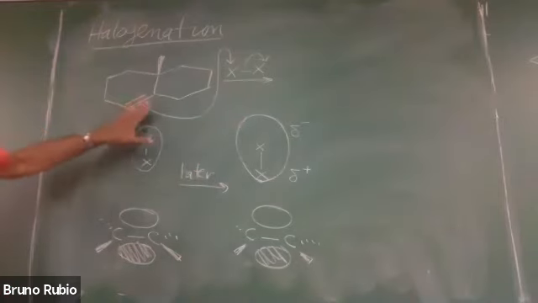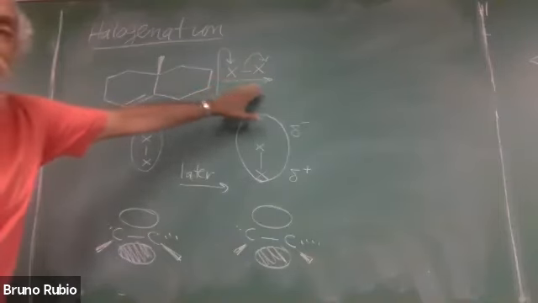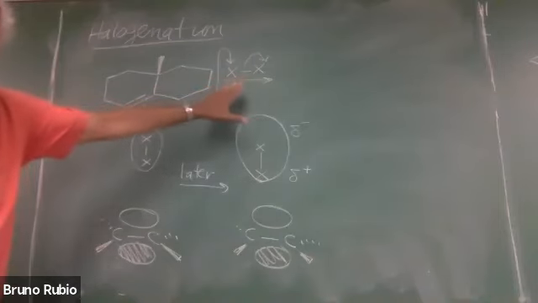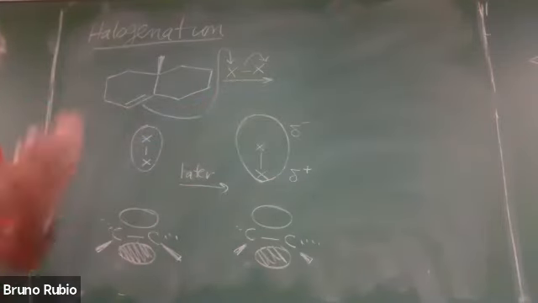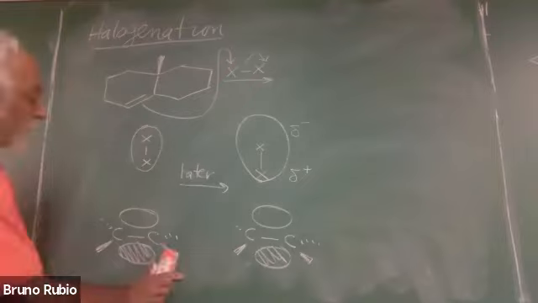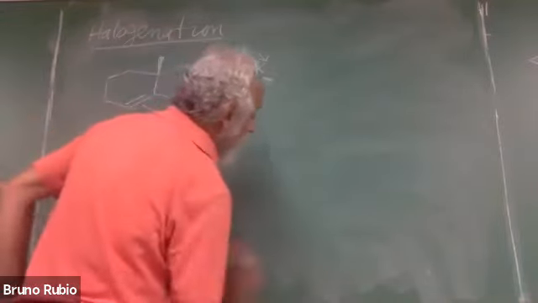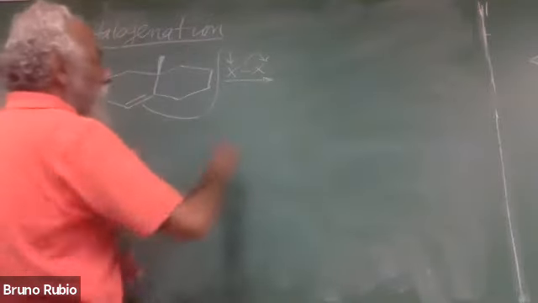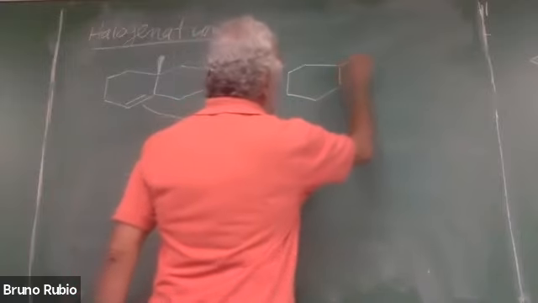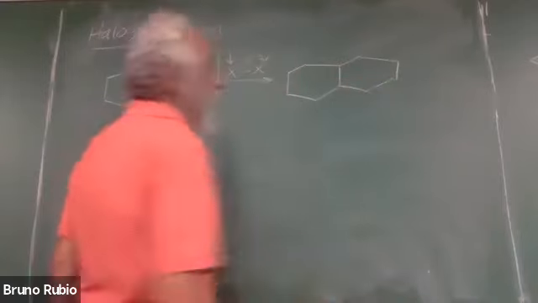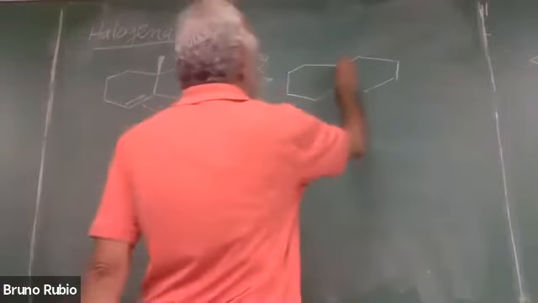And so this is why the double bond can attack a molecule that is composed of two atoms of equal electronegativity, because as the alkene gets close, the electrons are going to flee, getting out of its way. And so we get a cyclic halogen cation on the less hindered side of this carbon-carbon double bond.